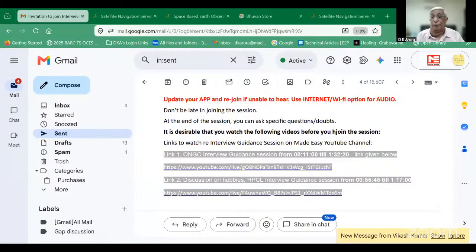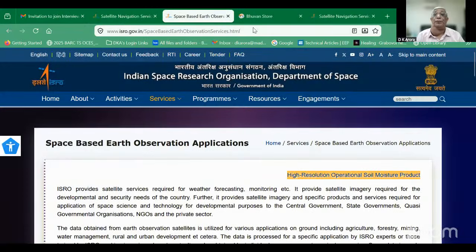And the source clearly is the ISRO website only. So let me just go to that website and share it. I hope you are able to see it clearly. There is a message. Let me just check what this message is about.